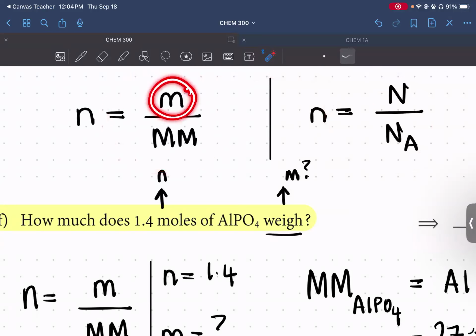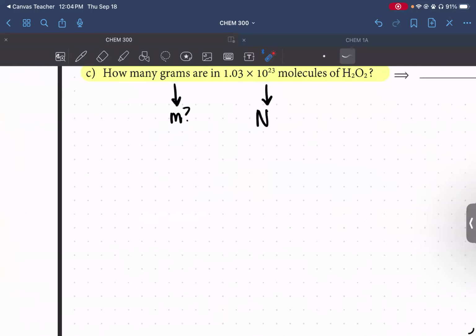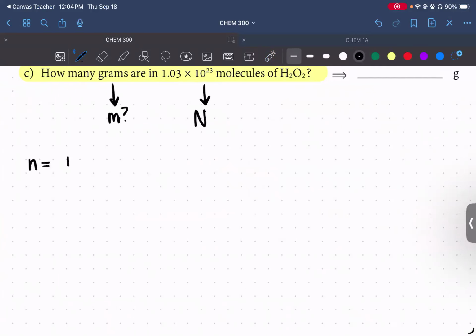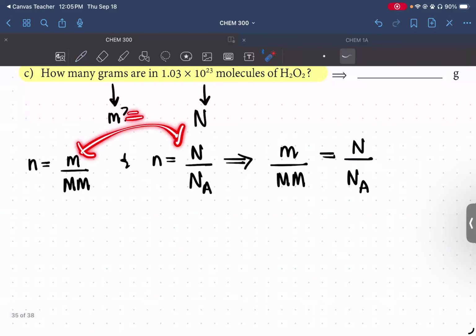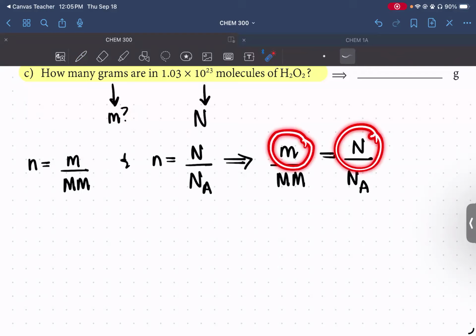We're trying to find M, and we're given N. Don't worry, though, because we can say that if n is equal to M over MM, and n is equal to N over N sub A, through the power invested in me by the gods of math, I can say M over MM is equal to N over N sub A. I can simply equate them to one another. In so doing, I now have a single equation that relates mass and number of molecules.